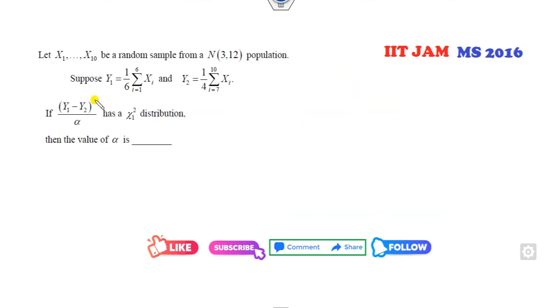Okay, now you can see it's a square. So definitely we are working on the chi-square. Firstly, I can find the y1 distribution. Sum xi's will follow the normal distribution of 3, 12. What is the x bar? It will follow the normal distribution with sigma square by n. So it's a normal distribution.